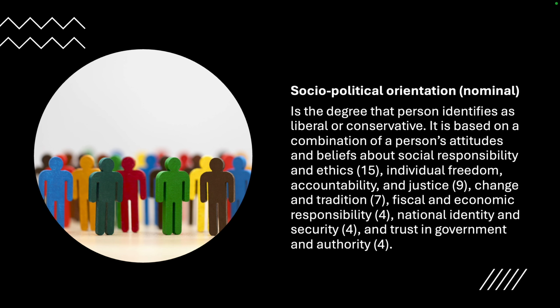So we said that it was the combination of a person's attitudes and beliefs about social responsibility and ethics, individual freedom, accountability, and justice, change and tradition, fiscal and economic responsibility, national identity and security, and trust in government and authority. So, in your individual groups, you may not have come up with all of these ideas, but as a collective, this is what we came up with.